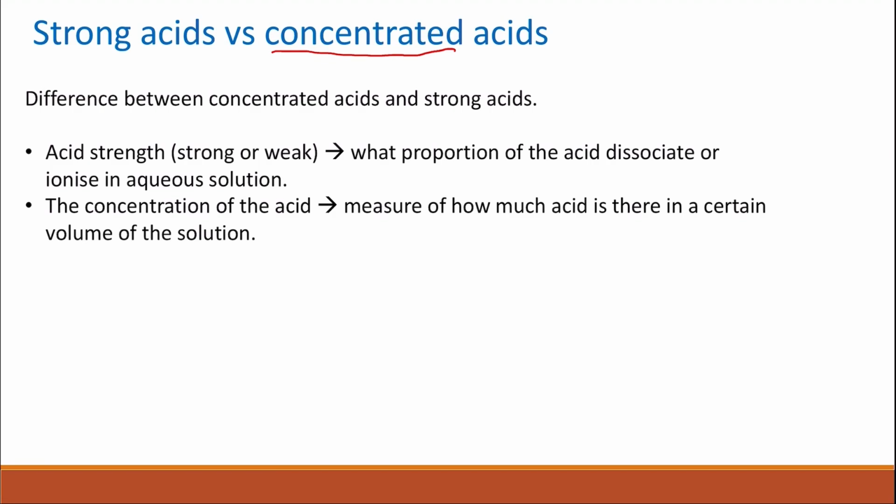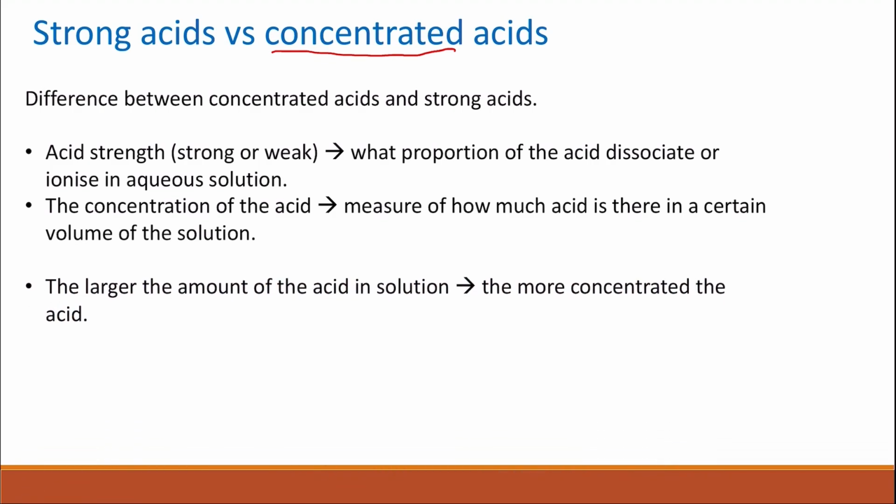That will give us either concentrated acid or diluted acid. The concentration of an acid is a measure of how much of the acid is there in a certain volume of solution. So acids can be strong and dilute, or they can be strong and concentrated. They can also be weak and dilute, or weak and concentrated.